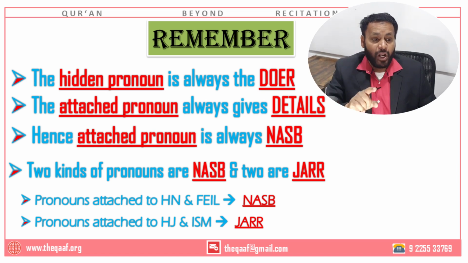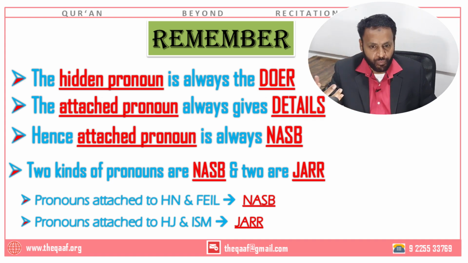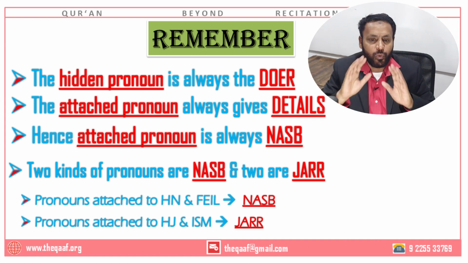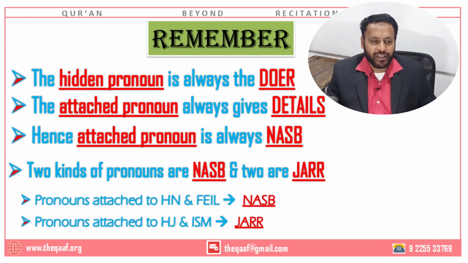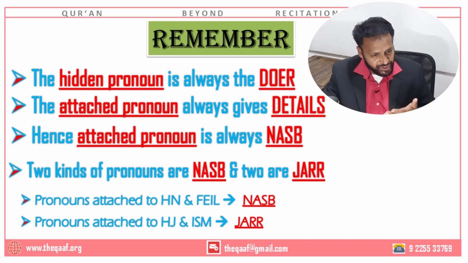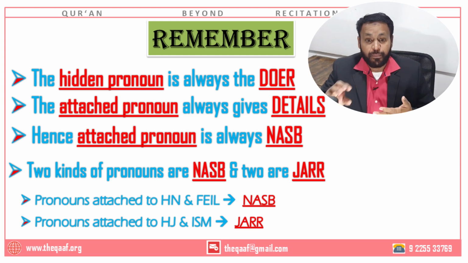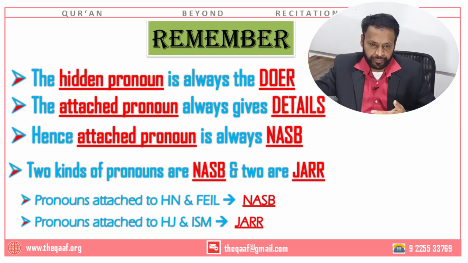The attached pronouns to the verb will always give you detail. If there is a verb and there's an attached pronoun, it will always give you a detail. And that's why they are all labeled as nasb. Their status is nasb. They can never be jar, they can never be rafa, the pronouns attached to a verb.